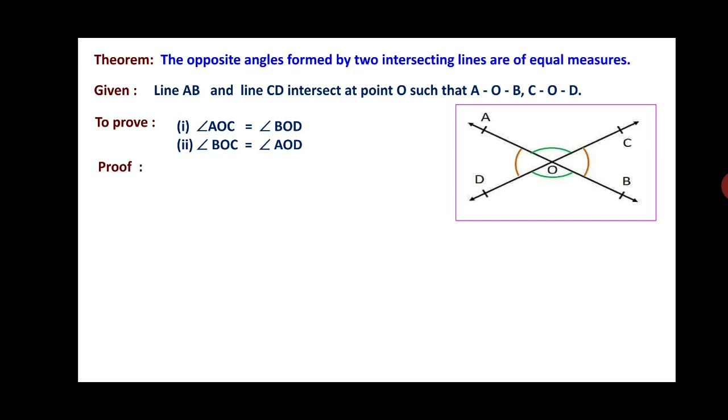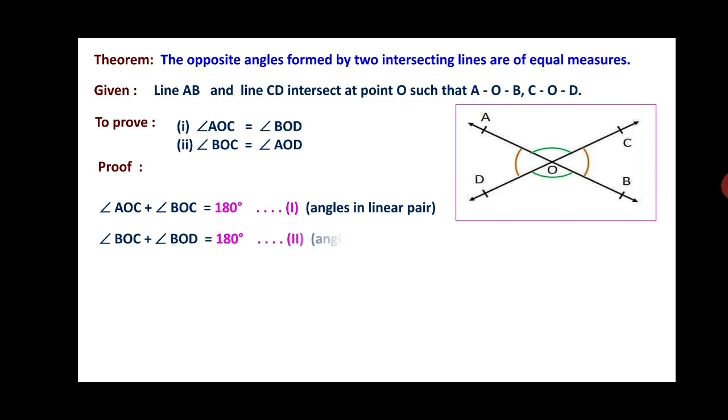So let us start with the proof. First, angle AOC plus angle BOC is equal to 180, since these two are forming a linear pair and the angular measure of a linear pair is 180. Second, angle BOC plus angle BOD is equal to 180. Here again these two are forming a linear pair, therefore their angular measure is 180.